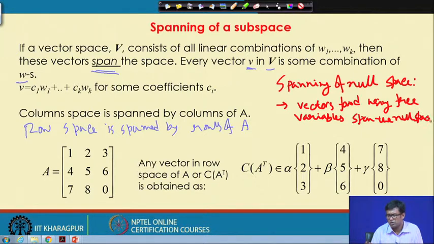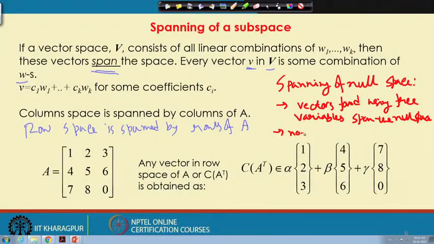So, we took one of the free variables as 1 and the remaining 0, and we get one vector. We take another free variable to be 1 and the remaining 0, and we get another null space vector. That way, if there are n free variables, we will get n null space vectors, and these n vectors span the entire null space.